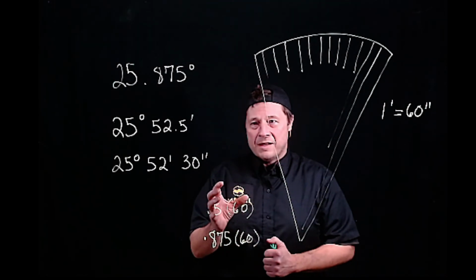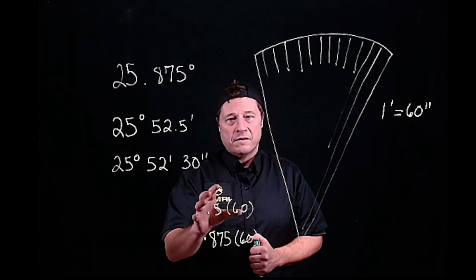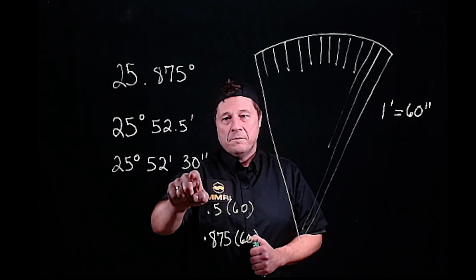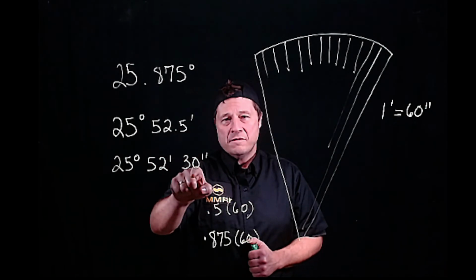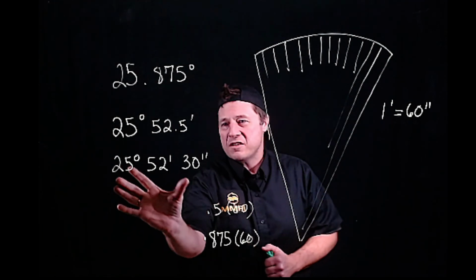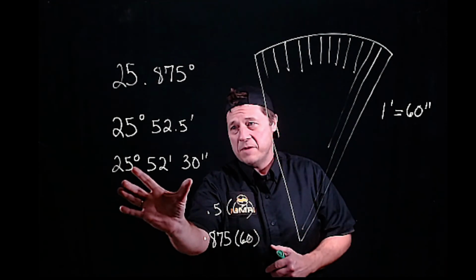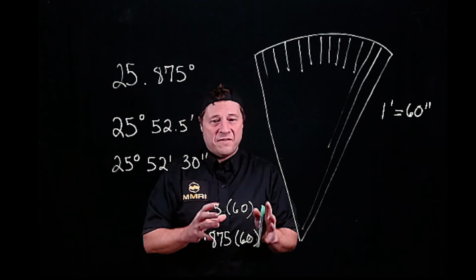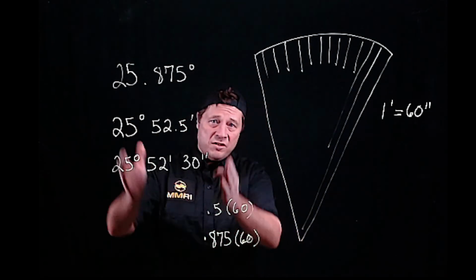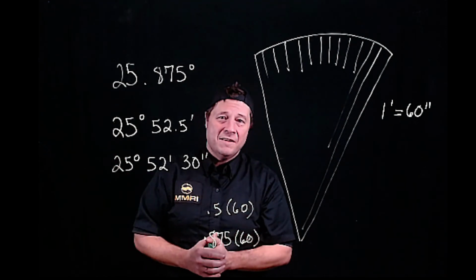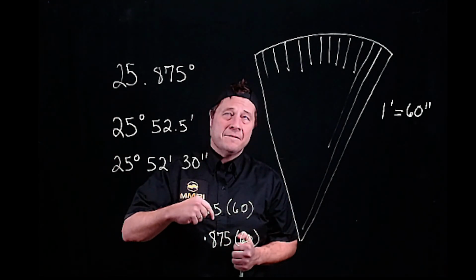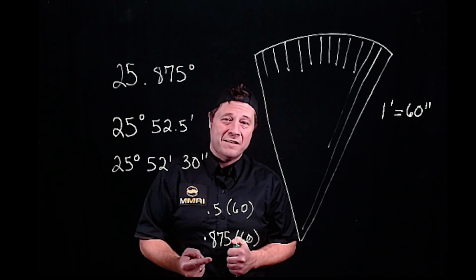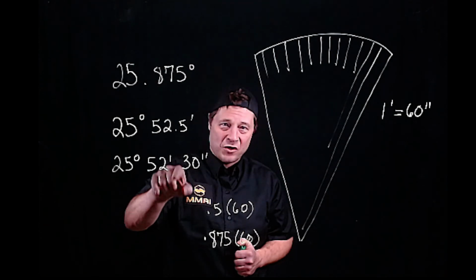But you have to realize that any dimension in any trade that is called out on a print, however you measure that dimension, if it was possible for you to go into, say, a machine shop, create this angle and measure it, remember that the piece of measuring equipment you're using to measure this dimension had to be measured with another piece of measuring equipment for accuracy 10 times more accurate than what you're using.